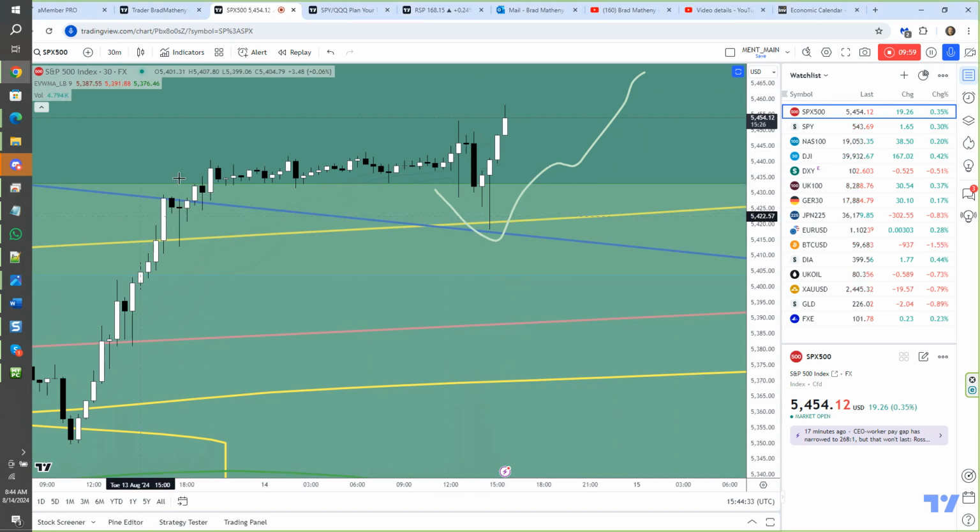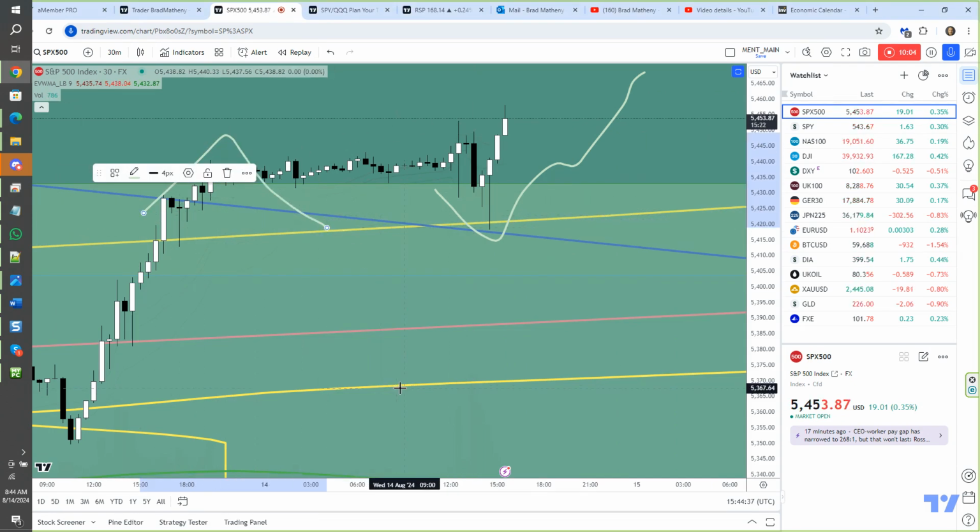A topping pattern is kind of like this, setting up a top and then rolling downward. So understand that a top pattern means we rally to a peak and then roll downward. A bottom pattern means we move down to a low and then move upward. That's what a bottom pattern is.